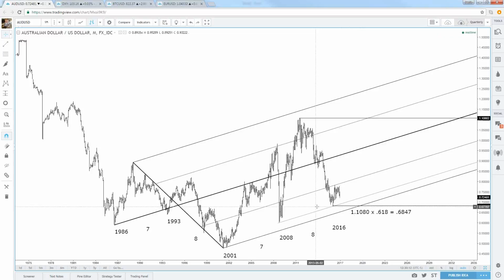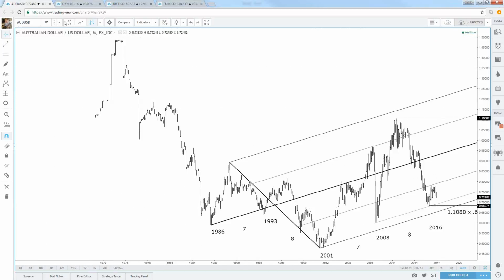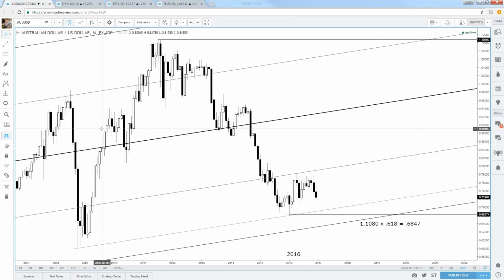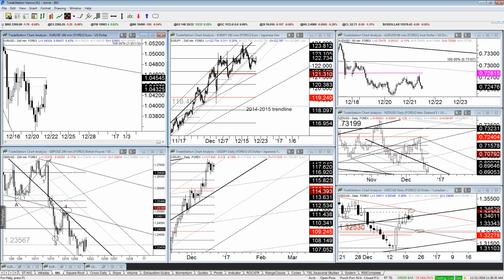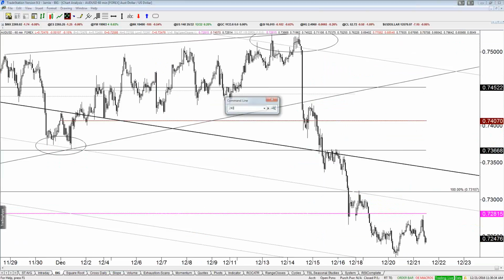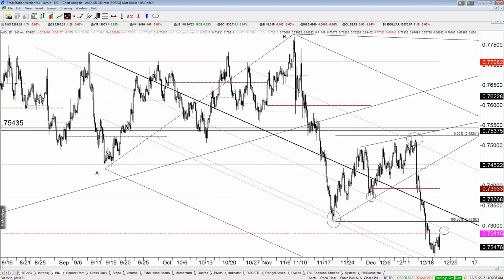So I'm working with the assumption that we are actually at a pretty darn big low. And you know what the monthly reversal level is? 70.82. Close of that month is 70.82. Okay. Do you know what else is at 70.82 or so?